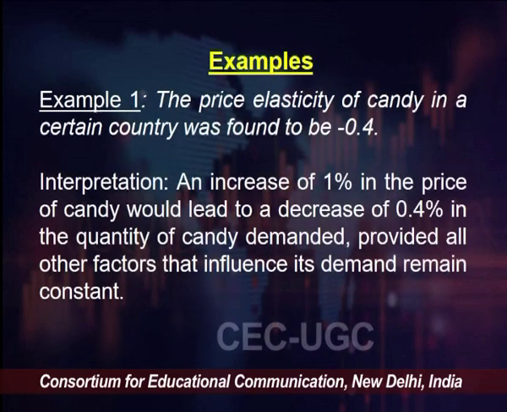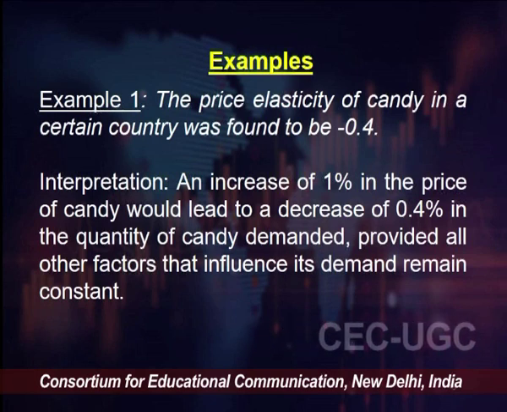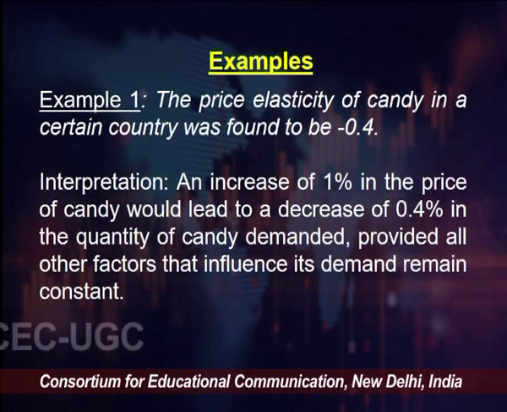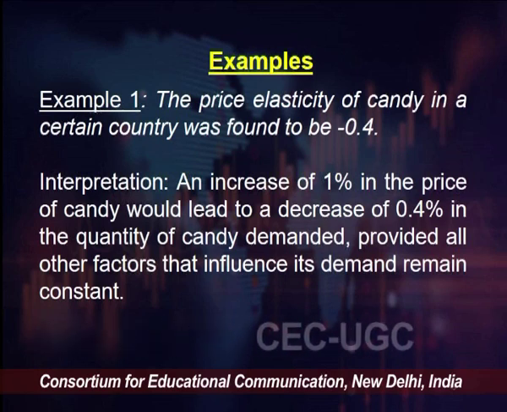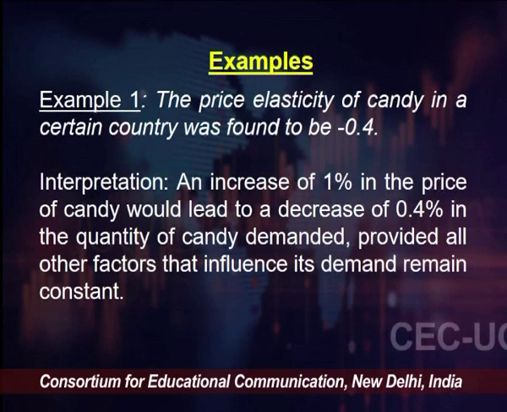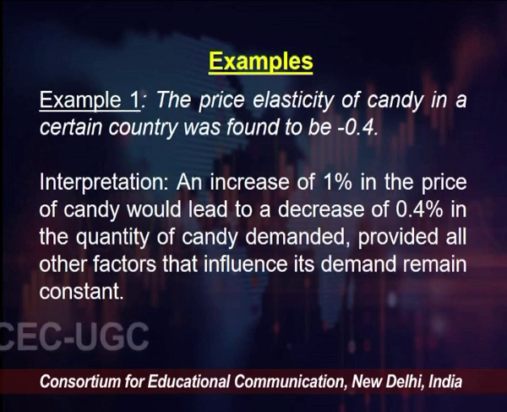Now, let's give some examples to understand what we've just set up. We have just set up elasticity as a percentage change; here we're talking of the price elasticity of demand as the percentage change in quantity demanded divided by the percentage change in price.